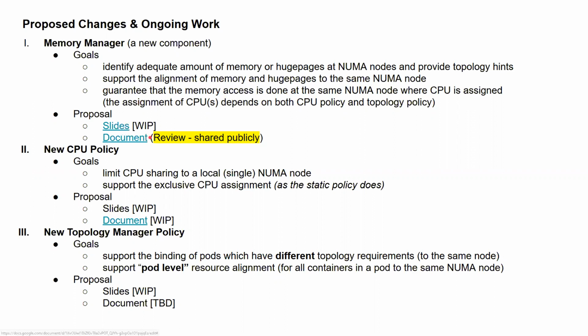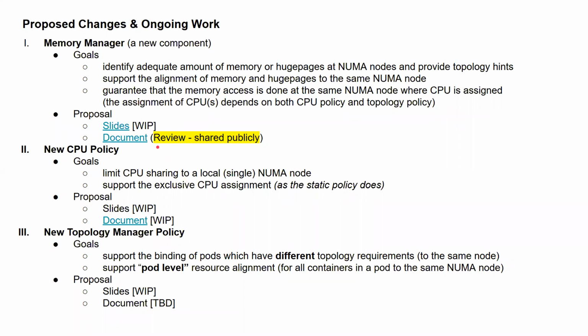Is my recollection correct that this was the only proposal that desired a change to the pod spec itself? Pod spec, I think there is also a topology manager policy that would require a pod spec change. At least for the POC, we don't need any change on the pod spec.